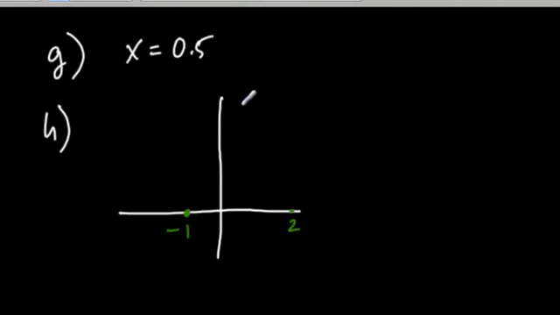We know our axis of symmetry is x equals 0.5. We know that the y-coordinate of our vertex, I'm just going to extend this further, is negative 2.25. And we also know that our y-intercept is at negative 2, which is just above.